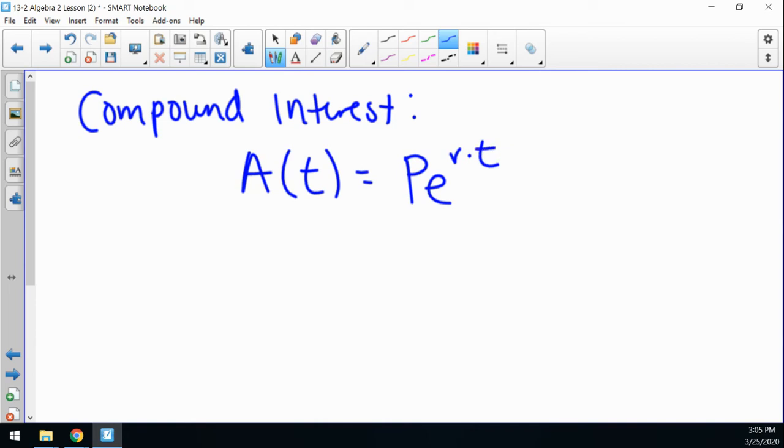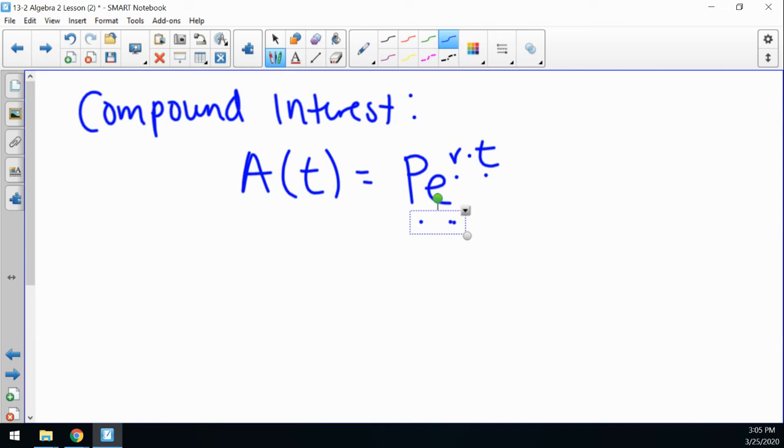We call this the PERT problem, P-E-R-T, you've seen it before. This is continuous compounding. P is our principal, E, R is our rate, and T is our time. That's important right there.